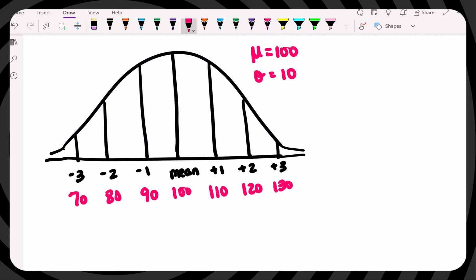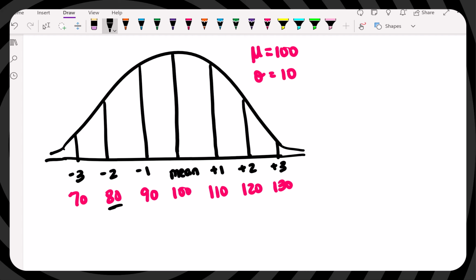Okay, so first question. What are the 2 numbers that are within 1 standard deviation? So the 2 numbers within 1 standard deviation would be 90 and 110. So you have 1 this direction and 1 that direction. What number is 2 standard deviations below the mean?